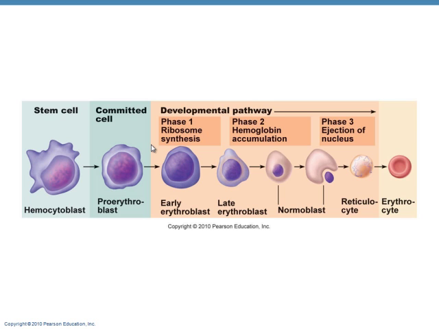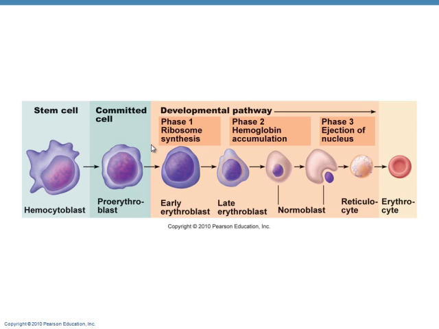I spit it out. Am I still in the bone marrow? Yes. I'm then going to spit out the cell. The first thing we see in the circulatory system is its last phase, just before it's very mature, called the reticulocyte. And then it's going to take a little bit for that, a few hours, to become a very mature erythrocyte.